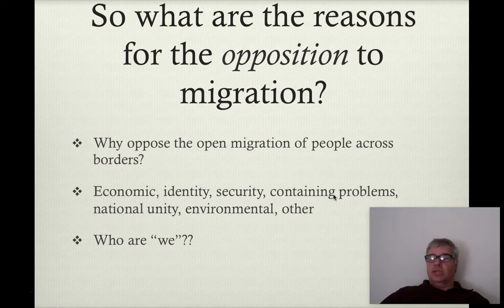That, for instance, if there's instability in Syria, and you're just letting all the people from Syria come into Europe, this could then destabilize Syria, mostly through things like crime and terrorism. Also, there are calls for national unity. So, some of these countries, like this was big in places like Hungary and Romania, didn't want people coming in with different linguistic and religious and ethnic backgrounds because they feel like it would undermine their national unity.